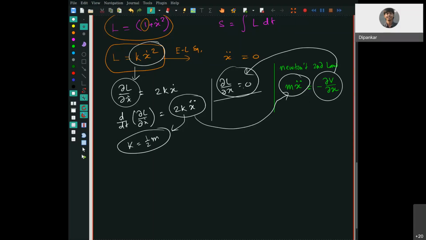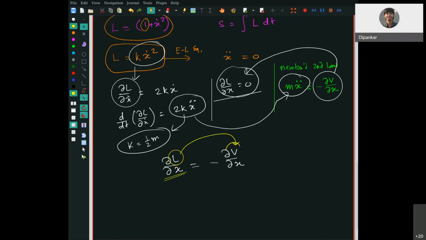Okay. So what I want is that del L del x equals minus del V del x. In other words, what I am suggesting is that for Newton's second law, the x dependent part of L, the x derivative of L, should purely come from V and nothing else. And the x dot dependence derivative of L should come from k x dot square. If I can do that, then I am done. Okay.